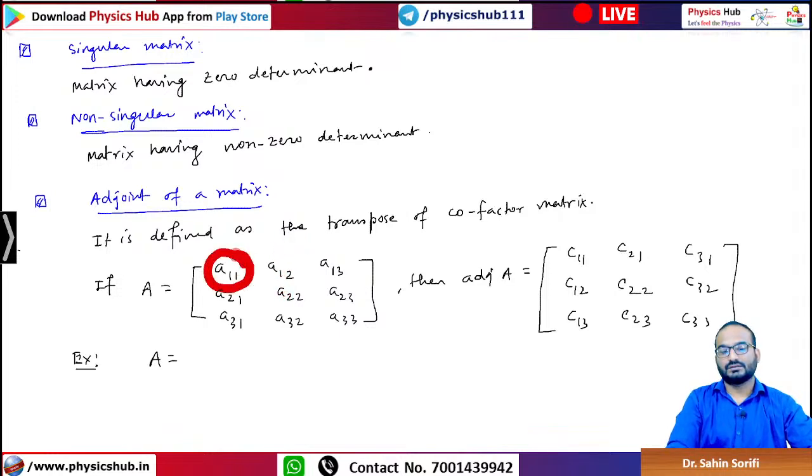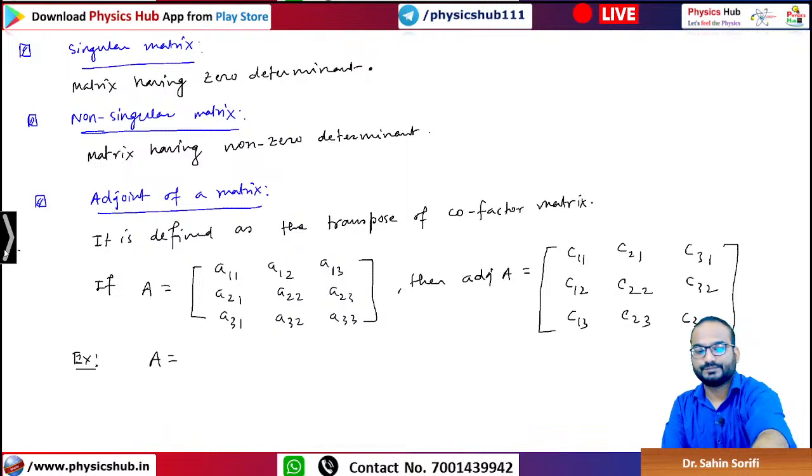For A11, the sign will be minus 1 to the power 1 plus 1. The A12 cofactor will be found by removing this row and column, leaving A21, A23, A31, A33 as the determinant, but the sign will be minus 1 to the power 1 plus 2, so negative of that. For A13, you remove this row and column, and the sign is minus 1 to the power 1 plus 3, so that is positive.